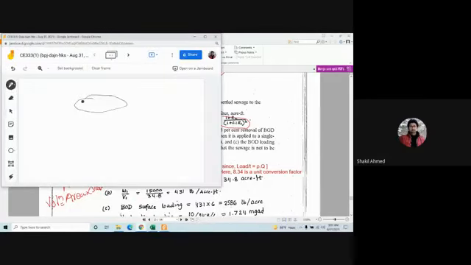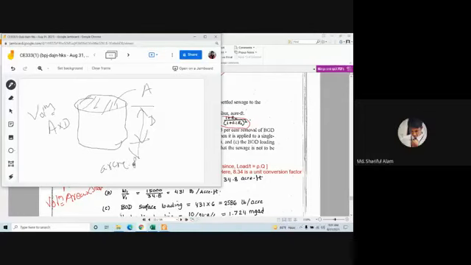Let's say this is the surface area A, and this is the depth. So volume of this trickling filter equals area times depth. Clear? So acre feet actually refers to the volume of the trickling filter.